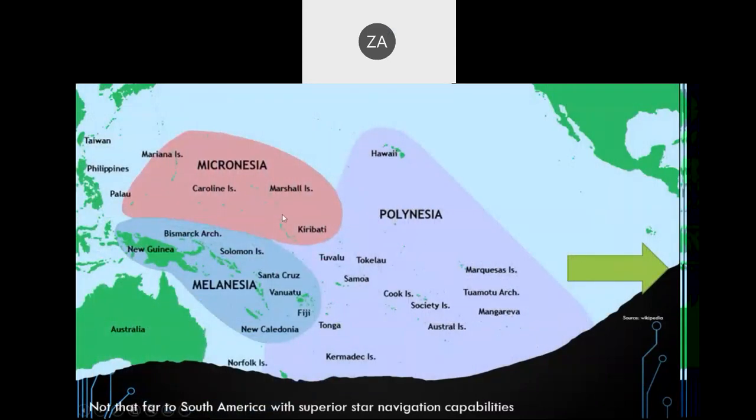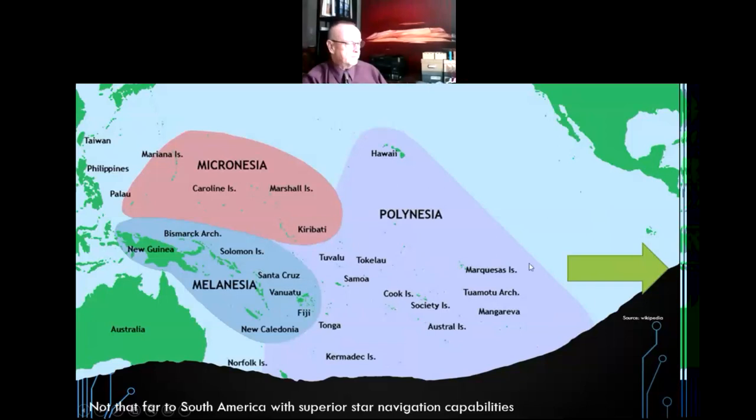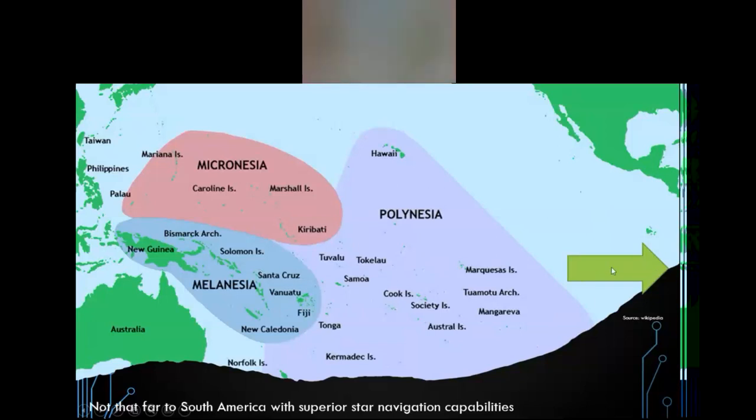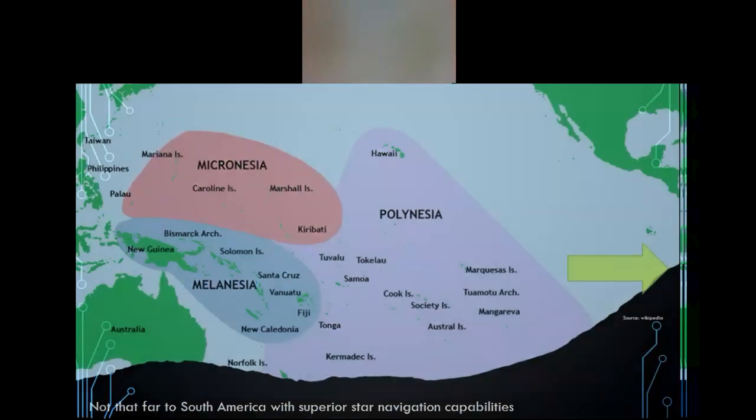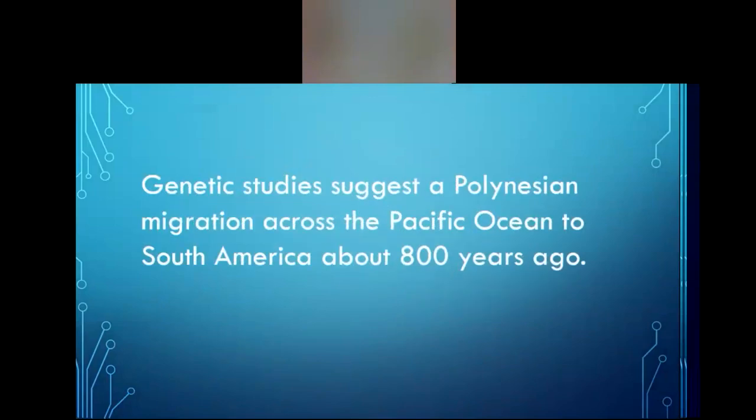These areas provided the first intercontinental traveling for trade, and that green arrow is pointing to South America, because genetic studies suggest Polynesian migration across the Pacific Ocean to South America about 800 years ago.